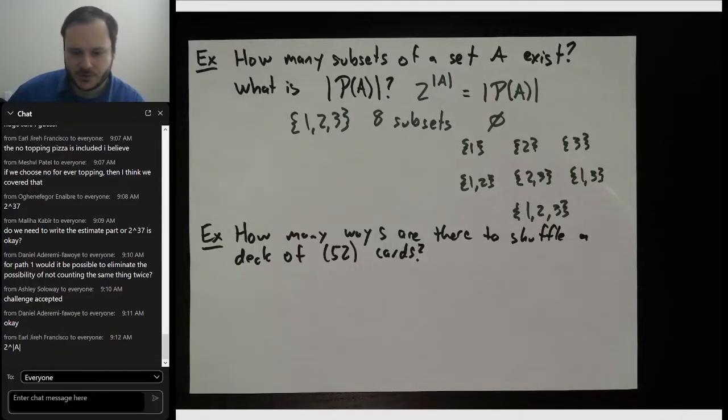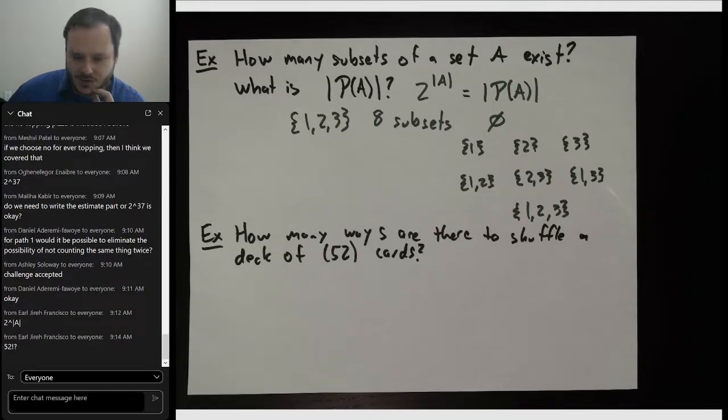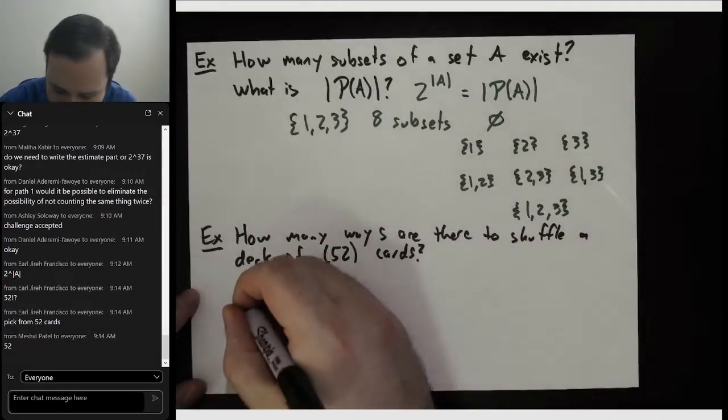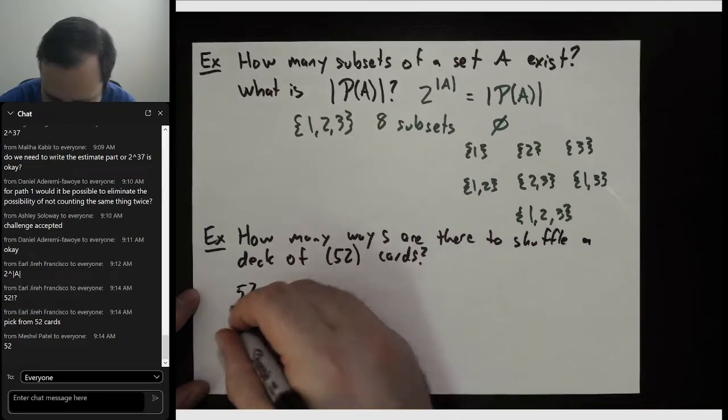We shuffle it up. How many outcomes do we have? So let's think about this in terms of a rule of product calculation. Which card is first? Pick one card to be first. How many ways are there for a card to be first? Pick from 52 cards. Good. This is first card.